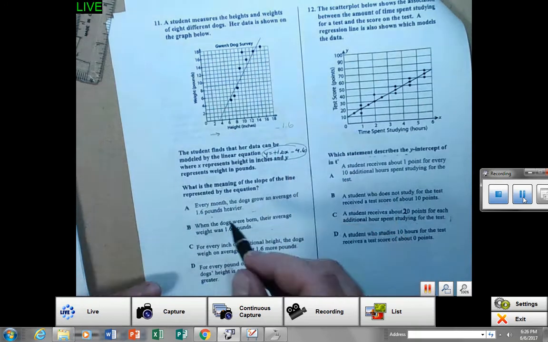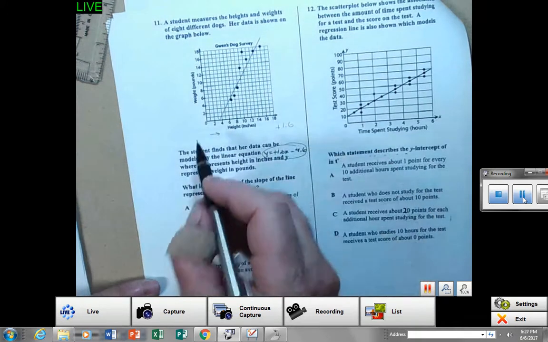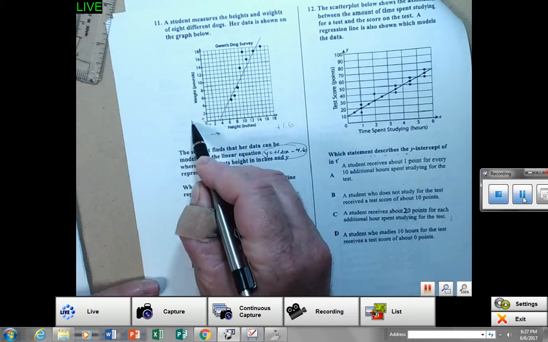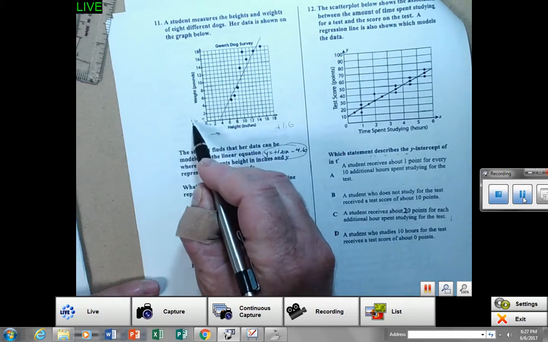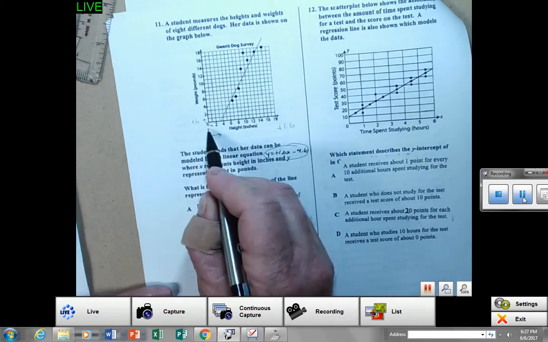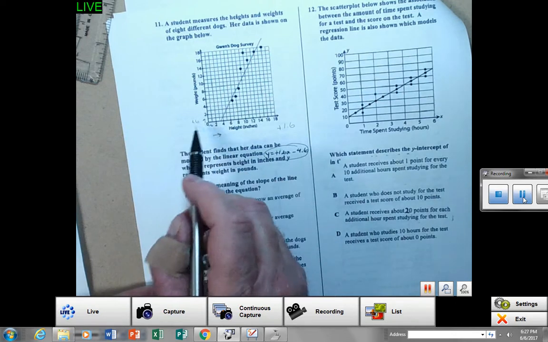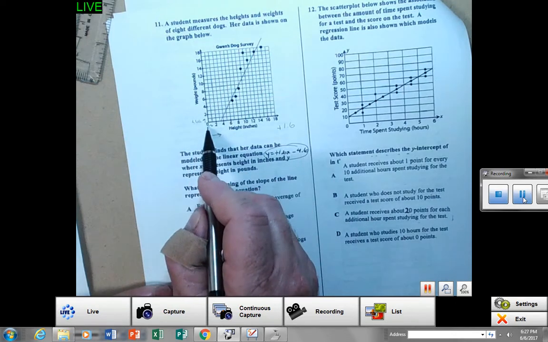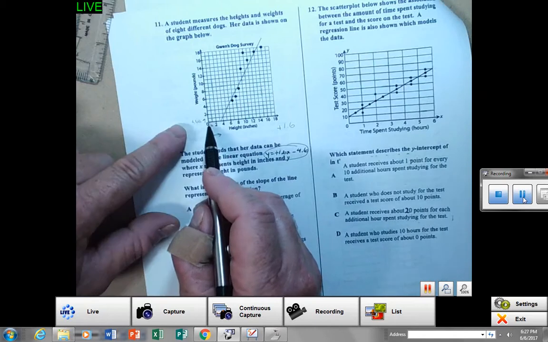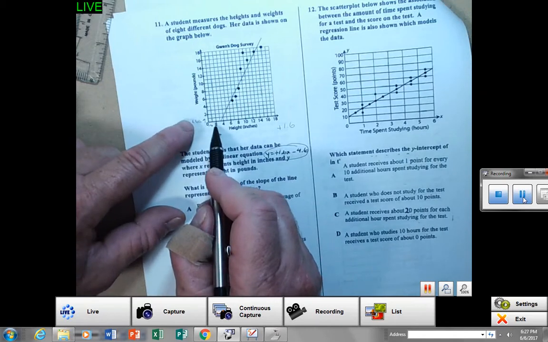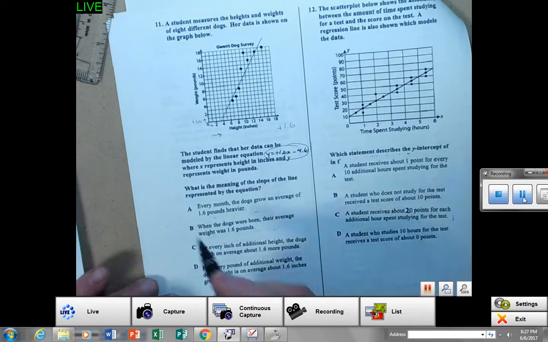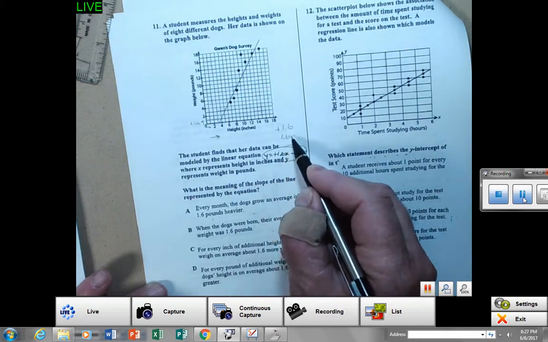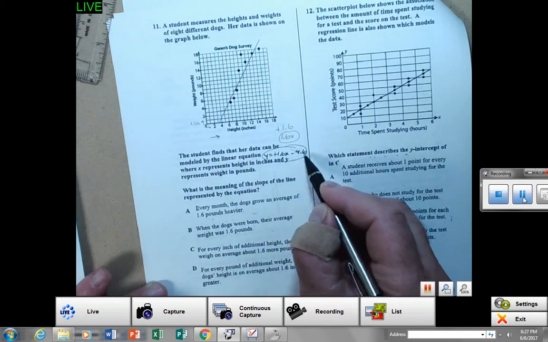So that means every time I go up an inch in height, I go up 1.6 pounds. So 1 inch, 1.6 pounds. 2 inches, twice that. So again, I'm going to use 1.6 as my rate of change. That's the number I want you to focus on the most. Don't worry about that so much.